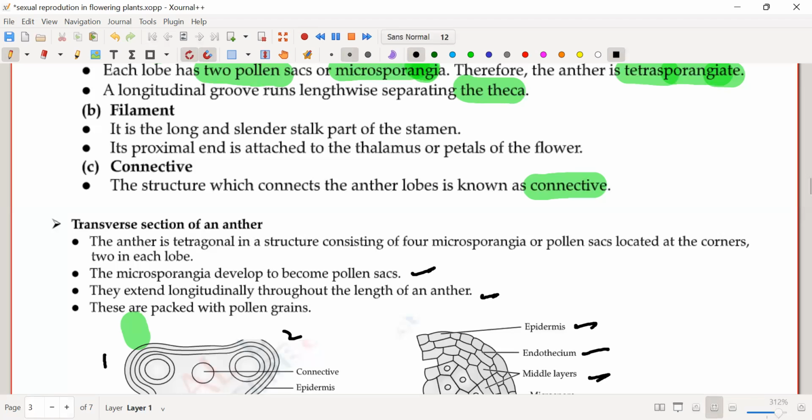It has two layers, exine and intine. The exine, the outer layer, is made up of sporopollenin, the most resistant organic material. It can withstand high temperature, strong acids and alkali too. It cannot be degraded by enzymes also.